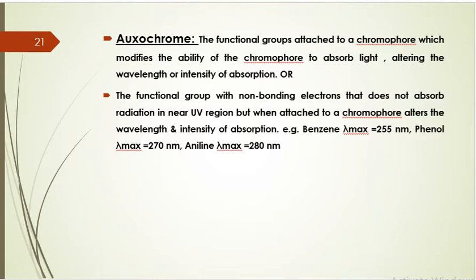So basically, we can define an oxochrome as any group which does not itself act as a chromophore, but its presence causes shifting of the absorption towards the red end of the spectrum, that is towards the longer wavelength.